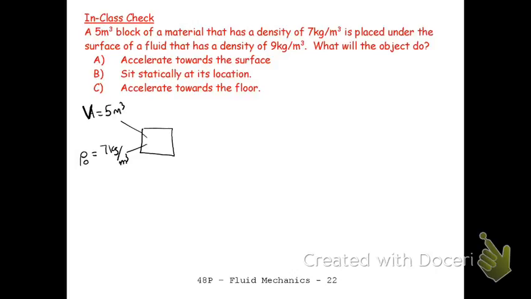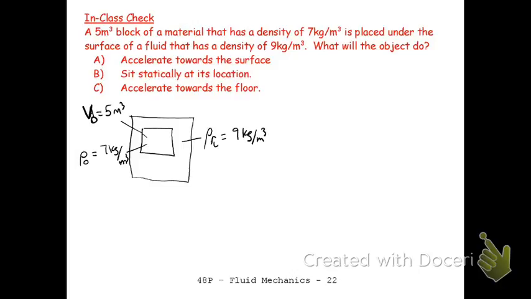That's the volume of my object and the density of my object. It's placed under the surface of a fluid, and the density of my fluid is equal to 9 kilograms per cubic meter.